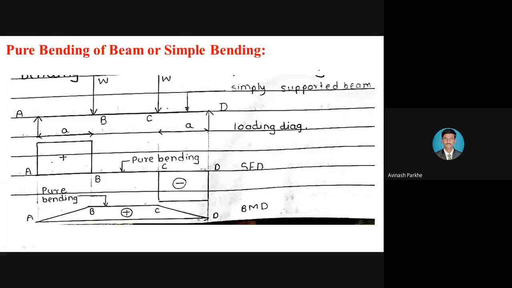When beam is subjected to the constant bending moment and no shear force at that portion, that concept is called as a pure bending. Means while calculating the bending stress in any type of beam, the effect of shear is totally neglected.